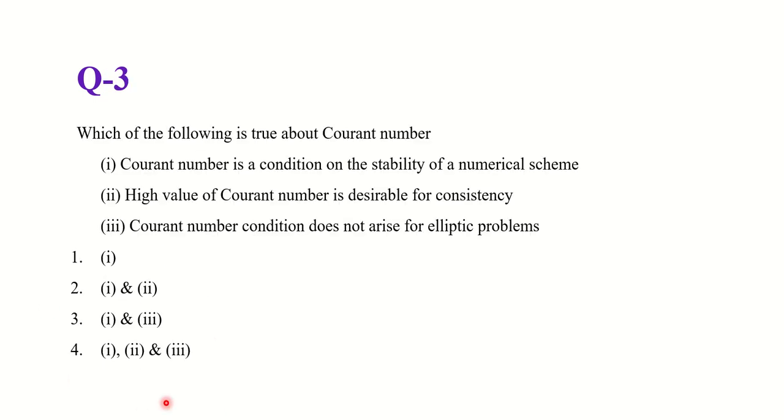Now we'll move on to question 3. Which of the following is true about Courant number? Courant number is a condition on the stability of a numerical scheme. High value of a Courant number is desirable for consistency. Courant number does not arise for elliptic problems.